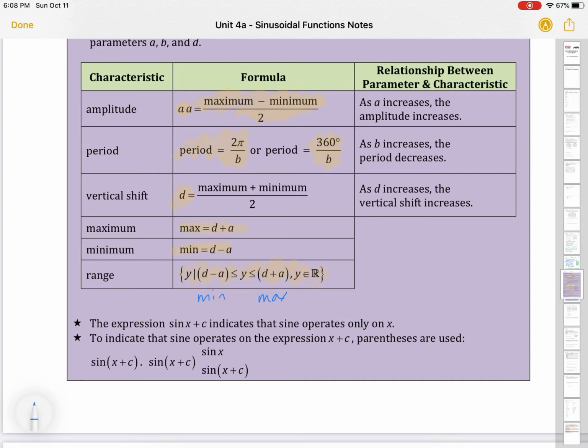The expression sine x plus c indicates that sine operates only on x. If there's no brackets, then it's just sine x, and that means b equals 1, okay? To indicate that sine operates on the expression x plus c, you use parentheses.